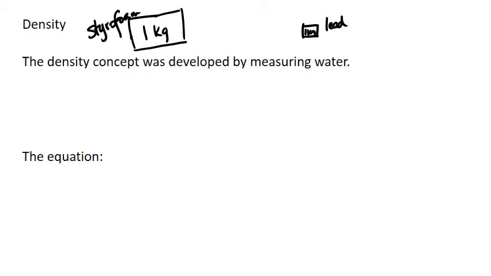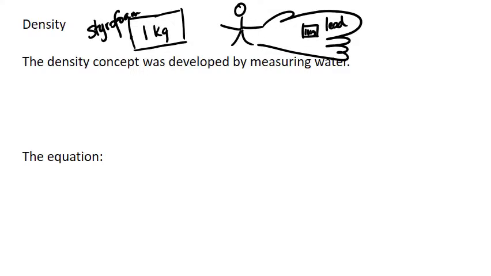So when you hold those things in your hands, let's draw a little person with some arms and some legs and a great big hand. That makes me happy. Okay, there we go. Our little guy is holding a block of lead in one hand and a block of styrofoam in the other.